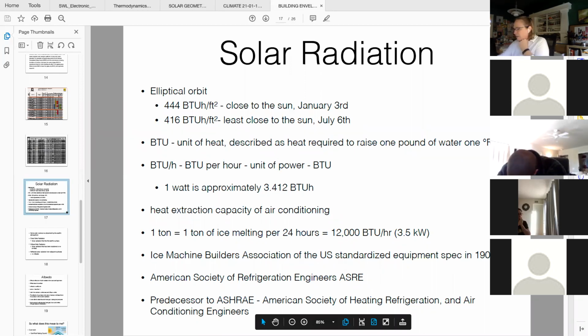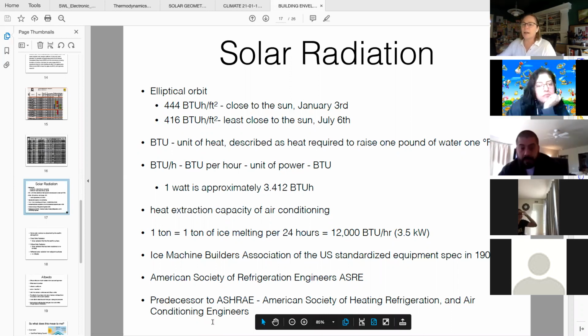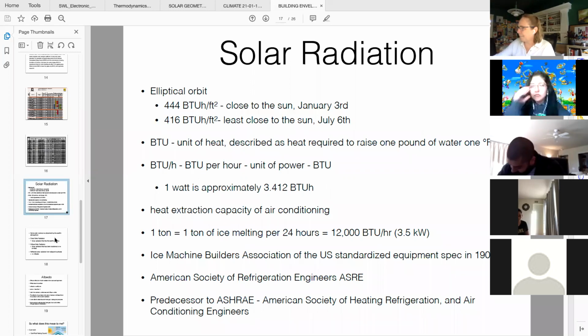Previously it was just the American Society of Refrigeration Engineers. You're going to hear references to ASHRAE standard this, ASHRAE standard that, and they all have numbers, but you don't have to worry about that today. That's why we have tons of air conditioning or tons of heating. It all goes back to melting ice.